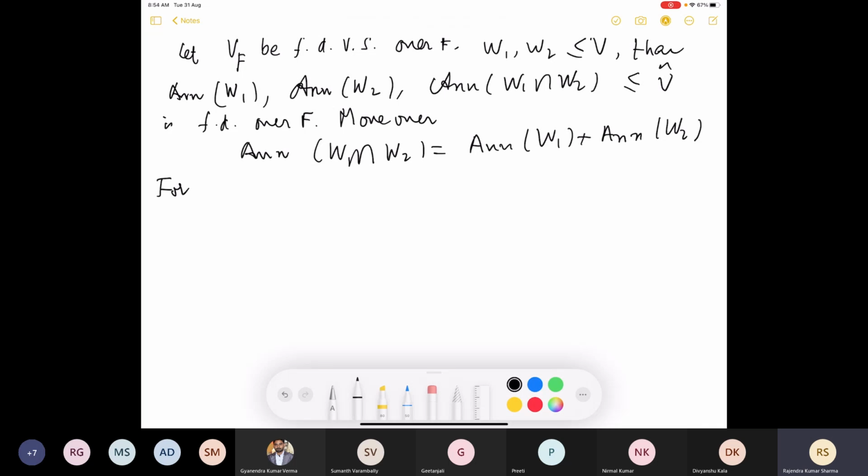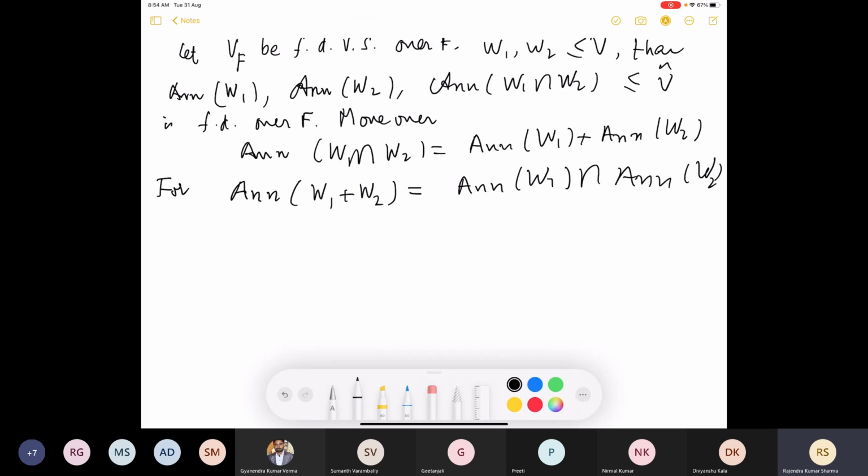For a finite dimensional vector space and its subspaces, we can prove that the annihilator of W1 plus W2, you can check first of all that for any two subspaces, this is actually the annihilator of W1 intersection the annihilator of W2.